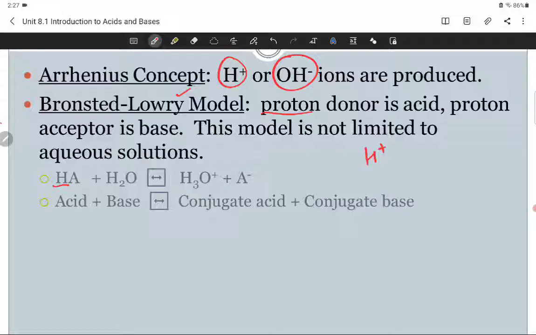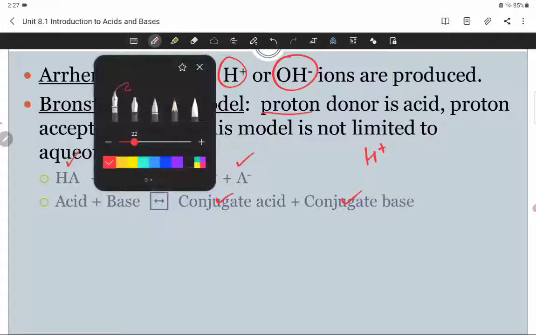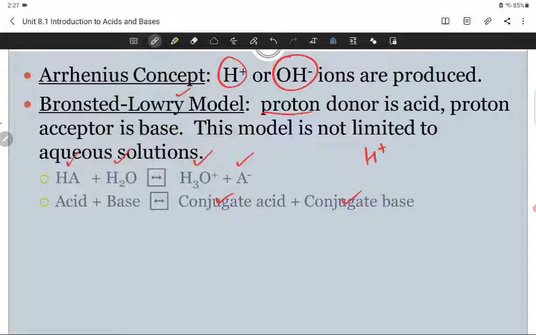So there's our definitions. And this is going to be a typical idea that there's going to be an acid and a base, and it's going to make two products, and those products, we are always going to attach the word conjugate to them, and one of them is going to be an acid, one's going to be a base. We can also talk in terms of their relationships to each other.